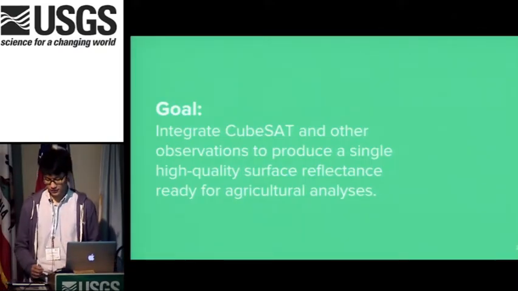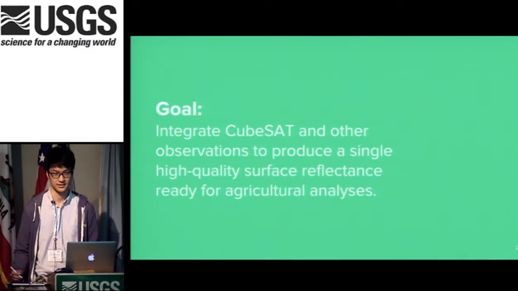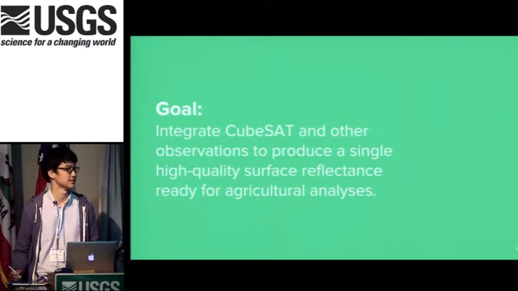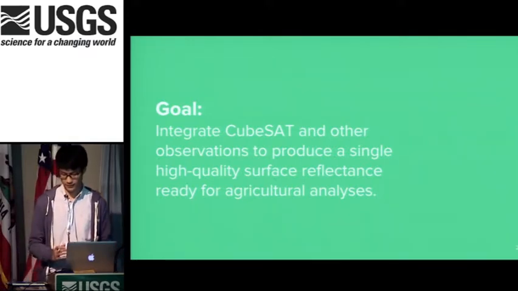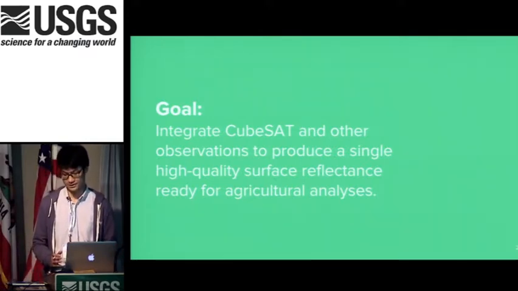So what we really want is that, my lab is primarily doing agricultural analysis. Me, for example, I do crop modeling. So what we really want is to integrate all the observations we have, be it PlanetScope or MODIS Landsat, and integrate them into one single high-quality surface reflectance data set that is ready for our use.